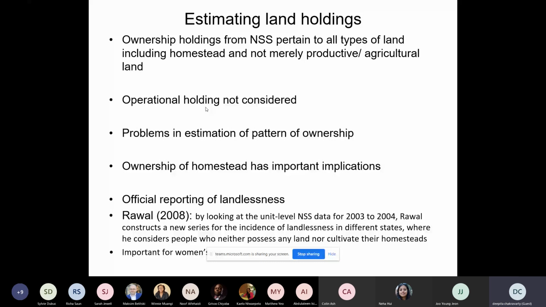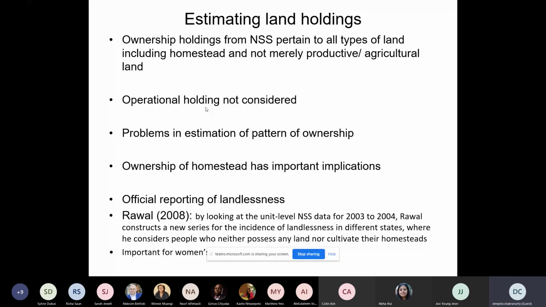But I'm interested in the ownership of land where production takes place. So in fact, Vikas Rawal in 2008 made a new series of data to handle this particular problem of ownership holding.